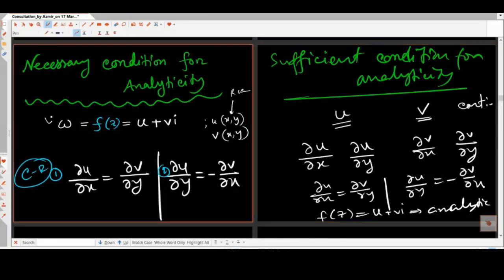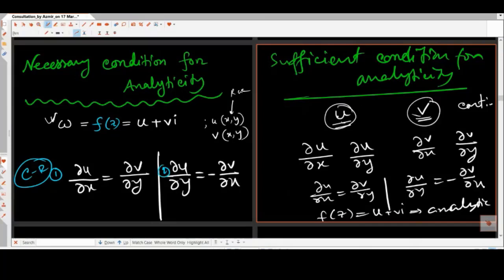That is, if we have f of z equals u plus vi, and if this function is analytic, then it satisfies the Cauchy-Riemann equations. And suppose now we have only u and v.